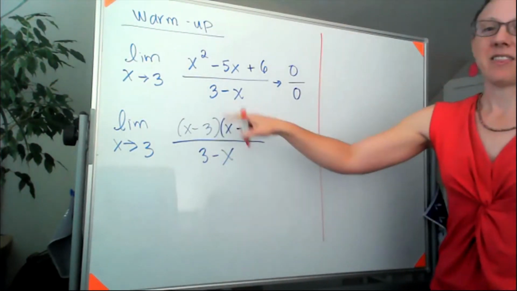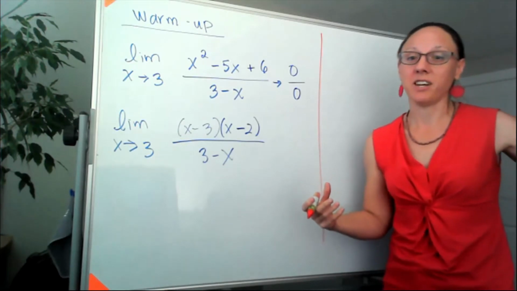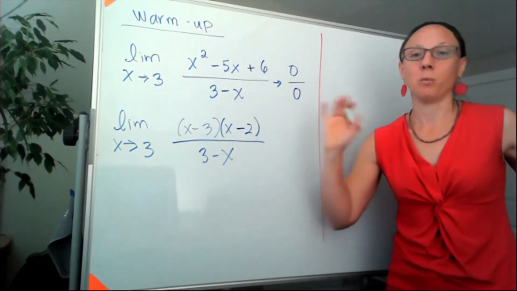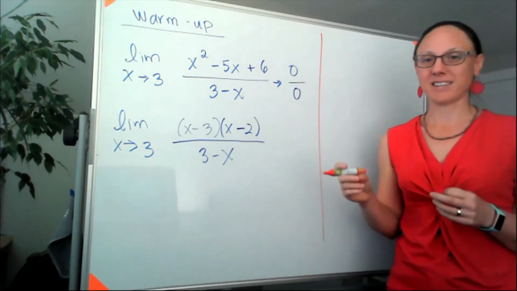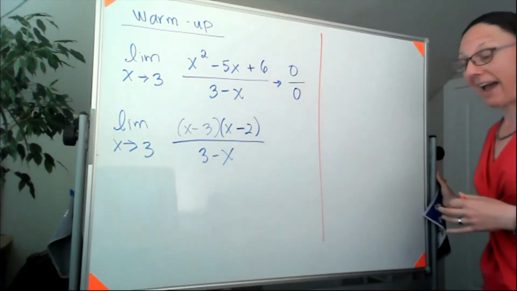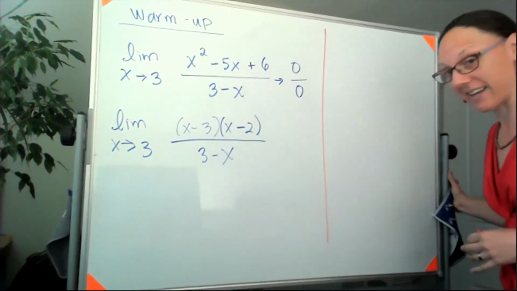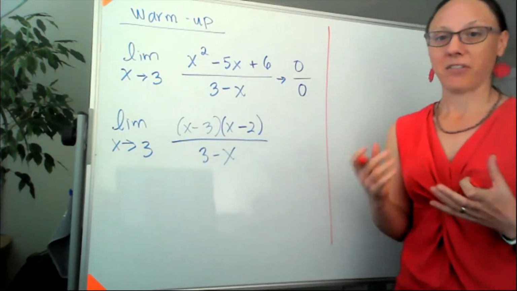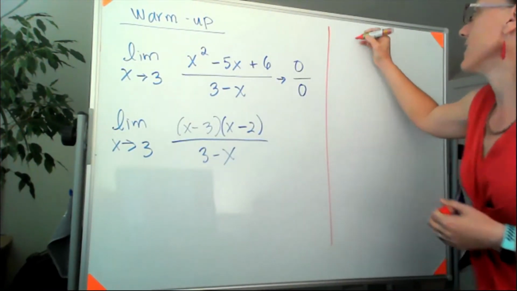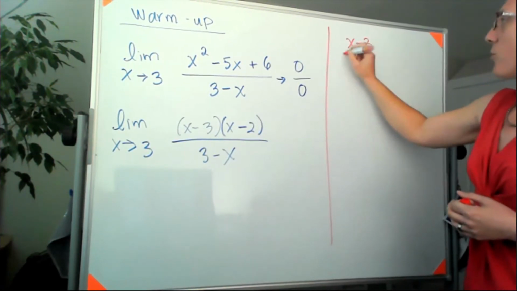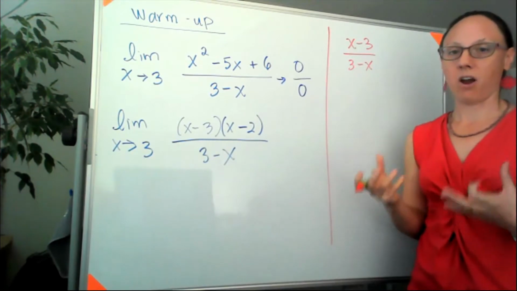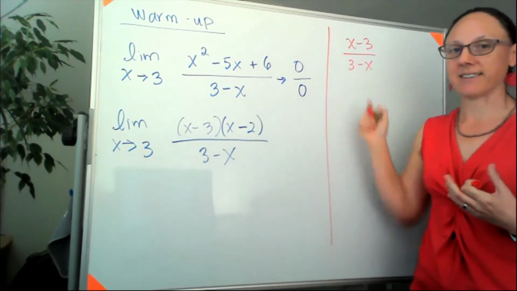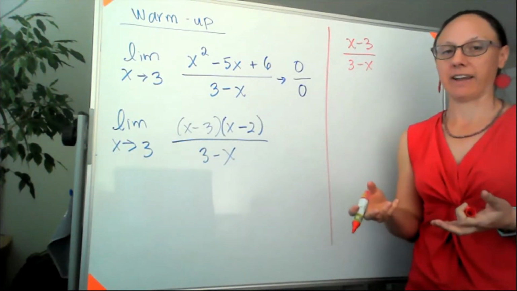This is something that shows up so often in limit problems, when we're doing some other things down the road in Math 16A, that I want to take a moment to talk about how that x minus 3 over 3 minus x is going to simplify. There are a couple of ways to think about this. If I have x minus 3 over 3 minus x, one option is to think about that denominator and factoring out a negative number.